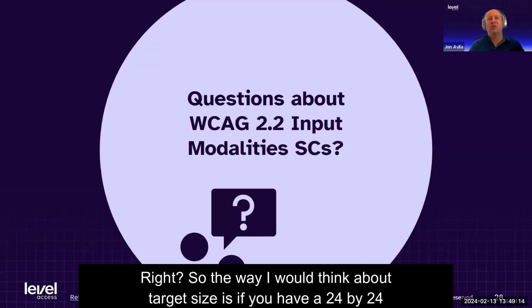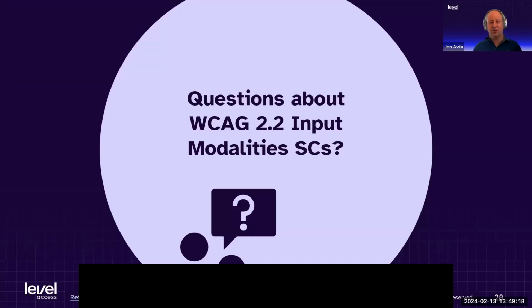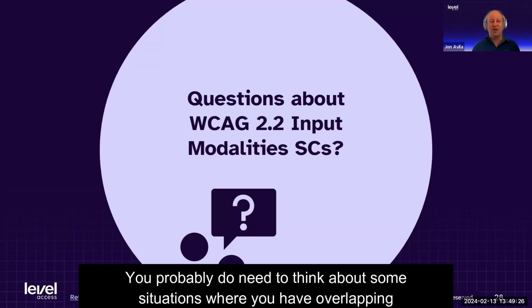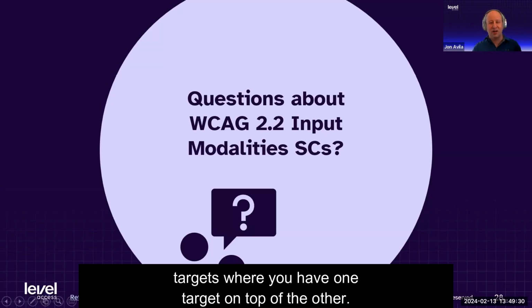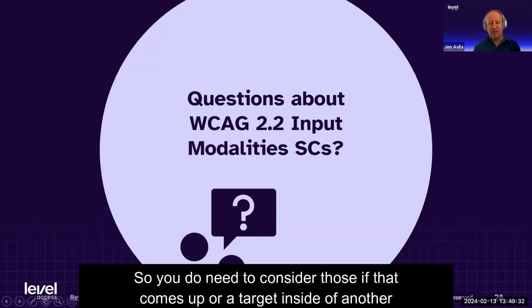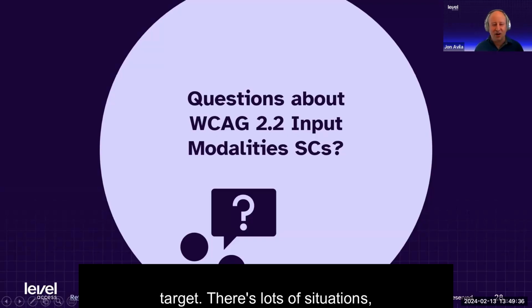Right. So the way I would think about target size is, if you have a 24 by 24 target, you're good. That's all you need. You probably do need to think about some situations where you have overlapping targets, where you have one target on top of the other, or a target inside of another target. There are lots of situations.